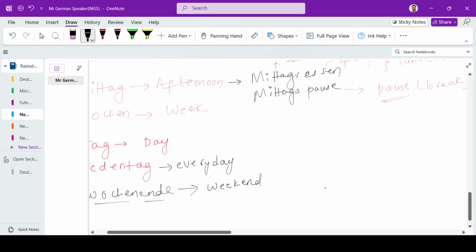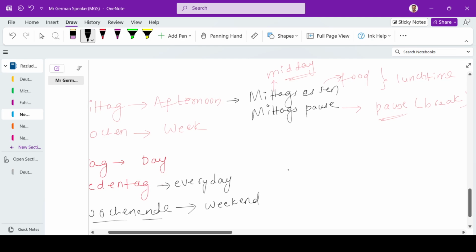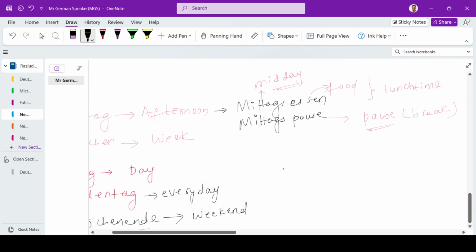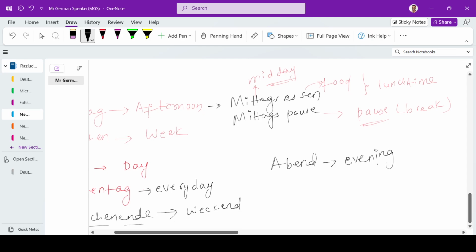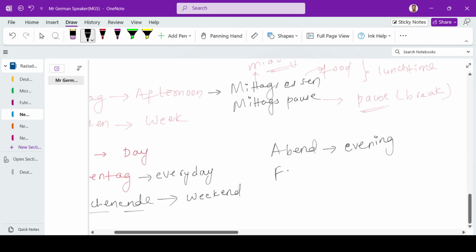Then we have also seen Mittag, Mittags. Okay. Then for evening we call Abend. Abend is like evening. Okay. Früh. Früh is like early morning.